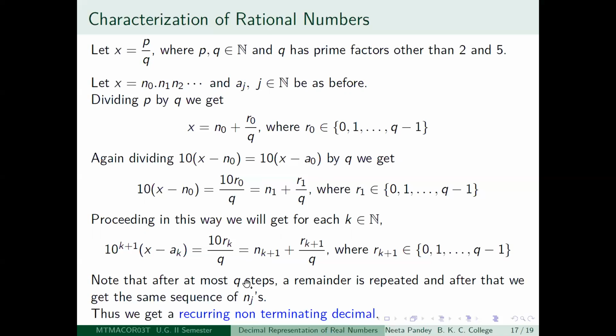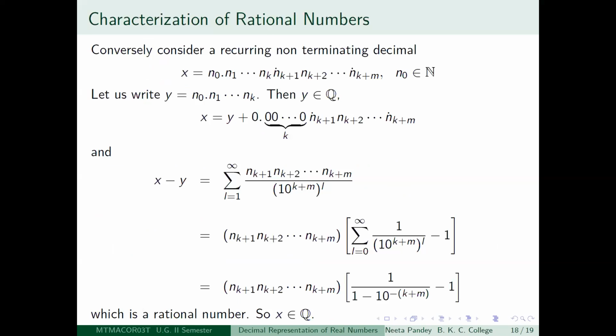So since this will get repeated, the rks which you get after at most q steps will all be repeated. So you will get a repetition. That means you will get a recurrence. So what you get is a recurring non-terminating decimal, provided your rational number is such that its denominator has prime factors other than 2 and 5.